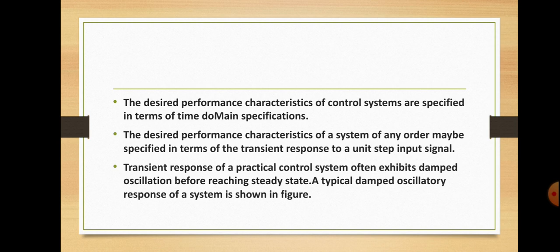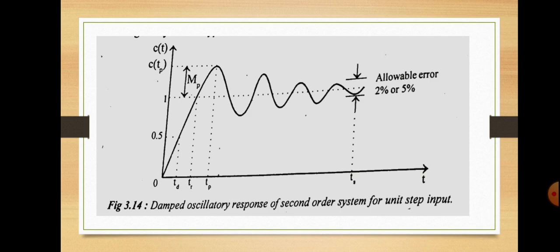A typical damped oscillatory response of the system is shown in the figure, and you have gone through this type of response when we discussed the underdamped case in the second order system.